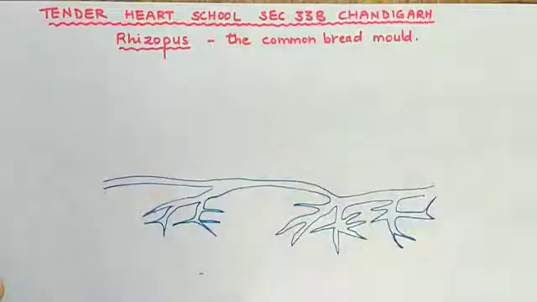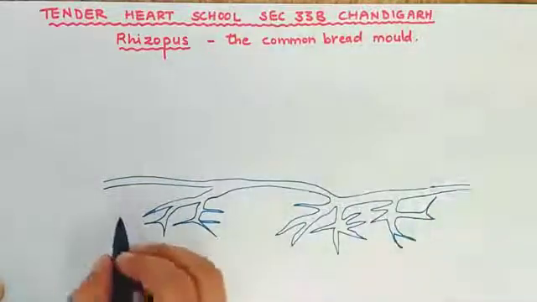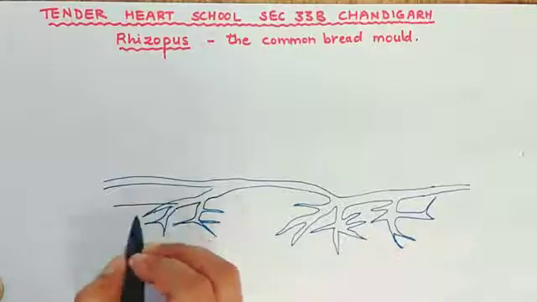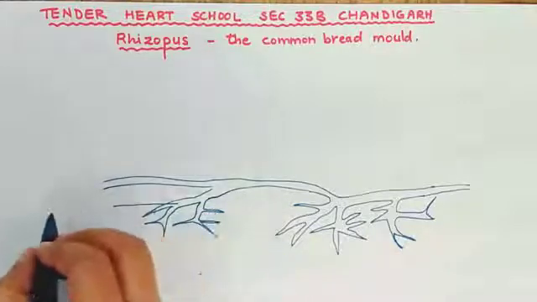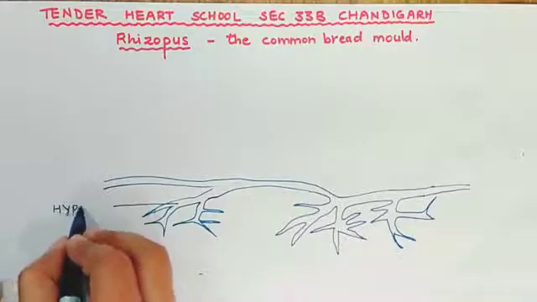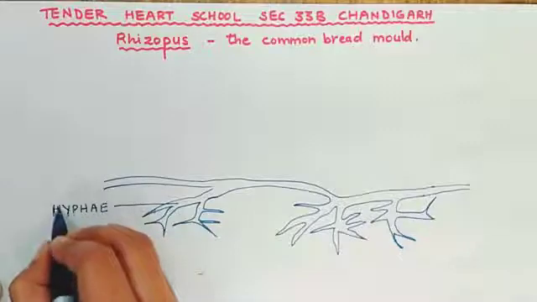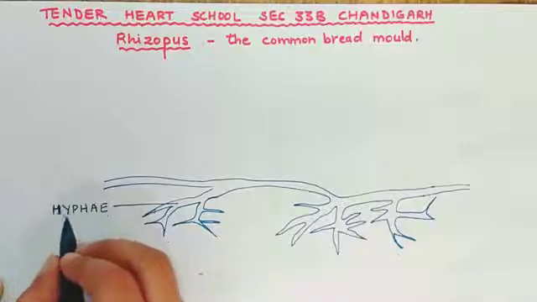Got it? So let us just label it also. So these thread-like network of thread-like structures is called the hyphae. Hyphae, right? Network of thread-like structures.